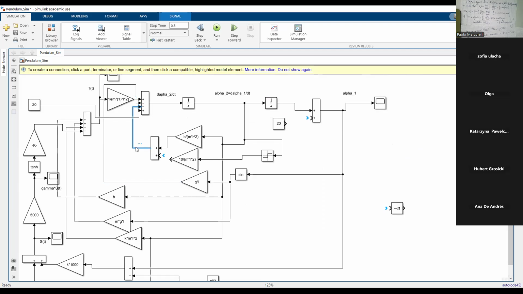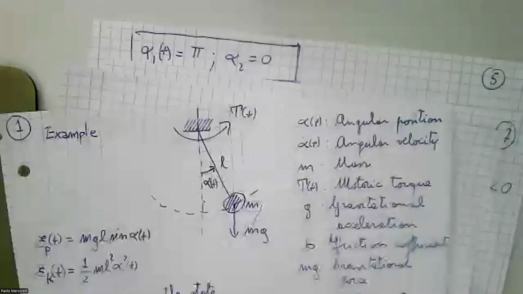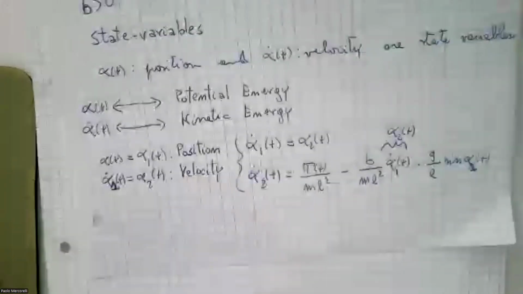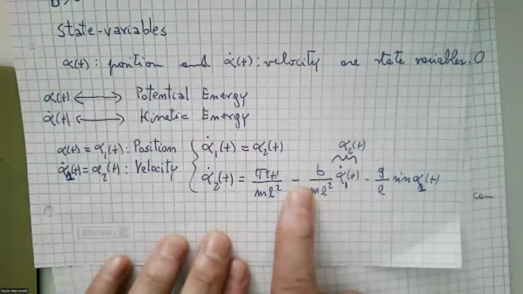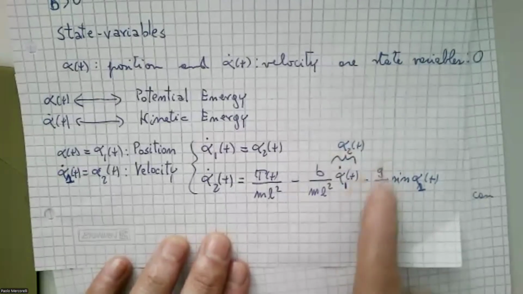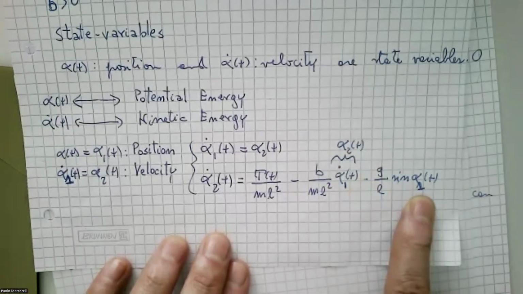And then we also have minus B divided by ML squared multiplied by alpha 2. The model is: minus B divided by ML squared multiplied by alpha 2, and then minus G divided by L sine alpha 1.